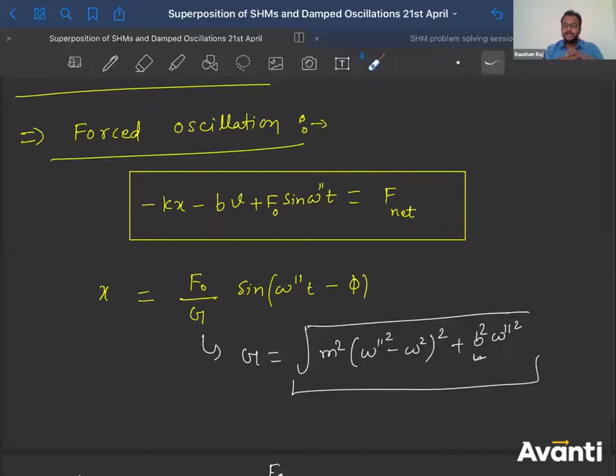The turbines get shattered. There are many instances in the past where they couldn't control the vibration and the whole setup collapsed and became completely dysfunctional. There have been so many accidents because of resonance only.